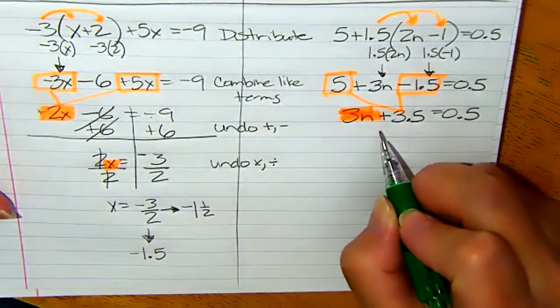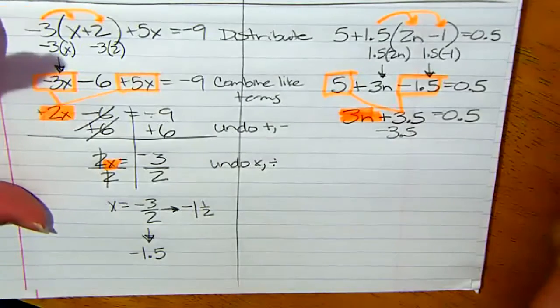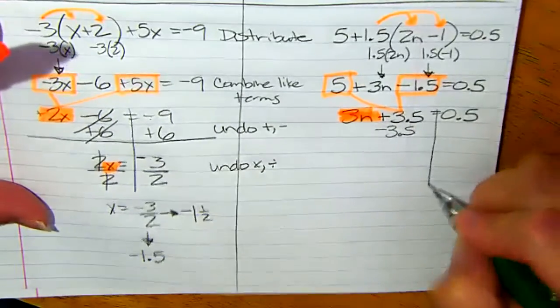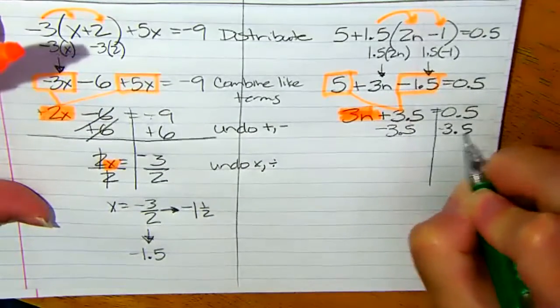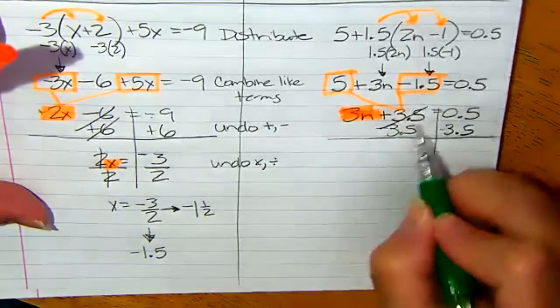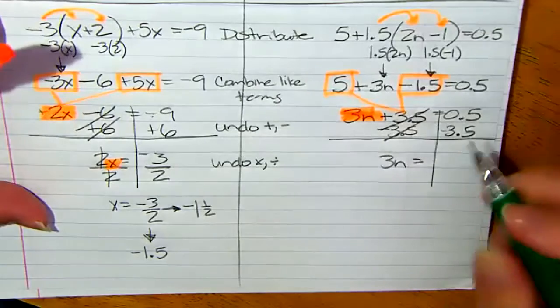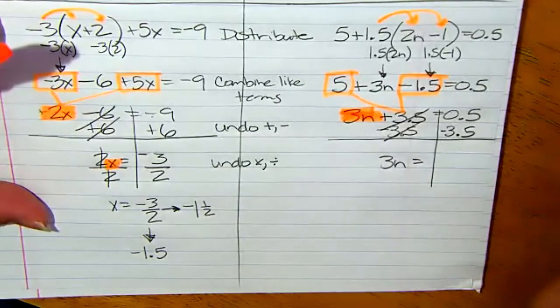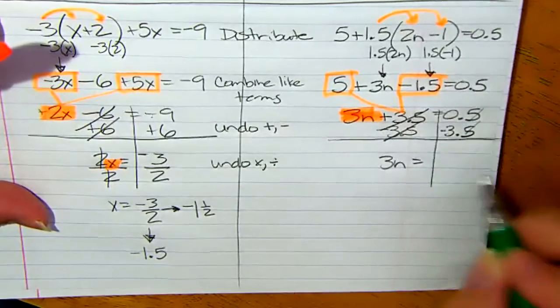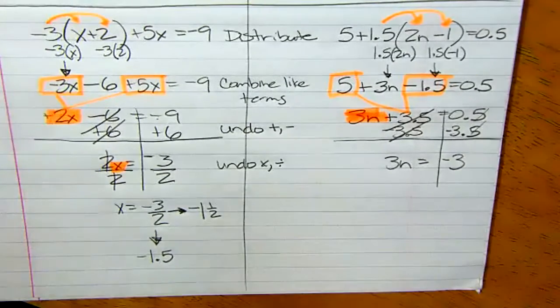So I'm going to subtract 3 5/10 from one side. What I do to one side, I must do to the other. These guys cancel. I'm left with 3n equals, I have a positive and a negative, so I'm going to subtract and keep the sign of my largest number.